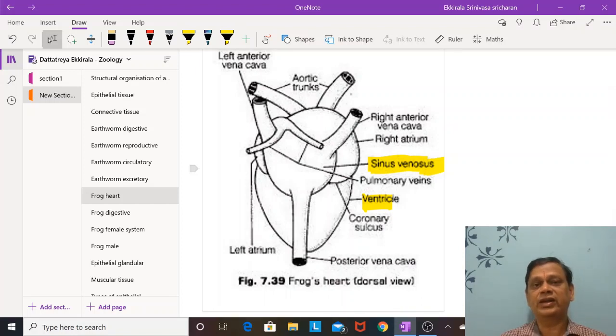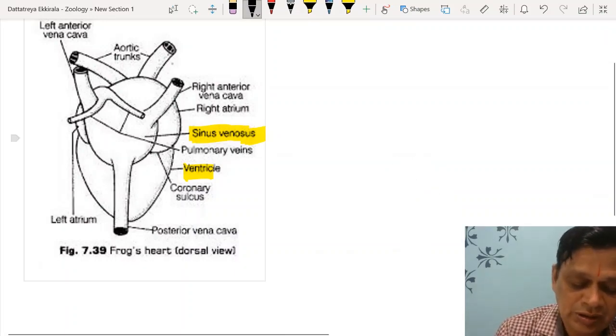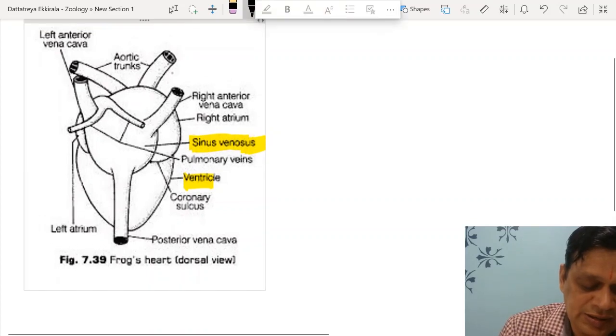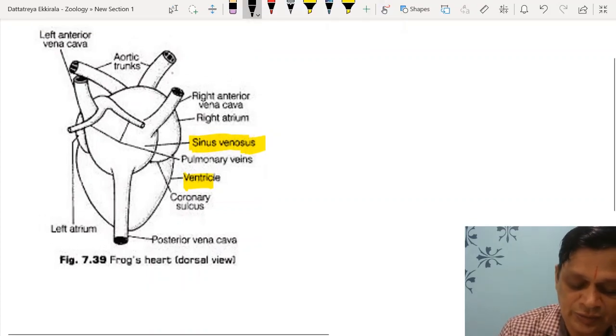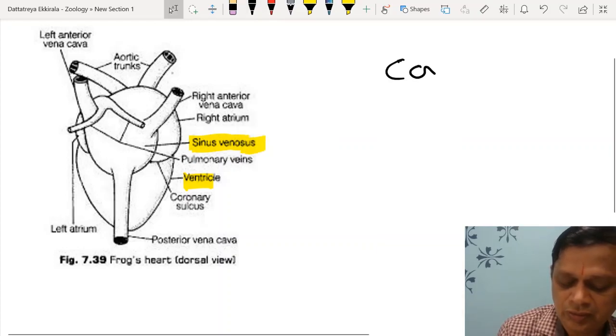There will be a single ventricle. Because of the single ventricle, what happens? Blood received by both auricles gets mixed in that ventricle, so it becomes mixed blood, and it pumps through the conus arteriosus. The conus arteriosus gives rise to blood vessels.